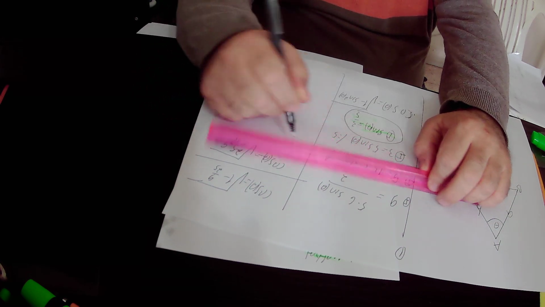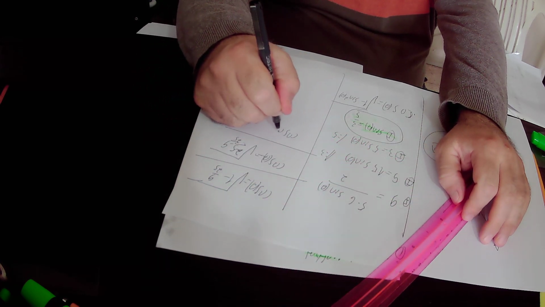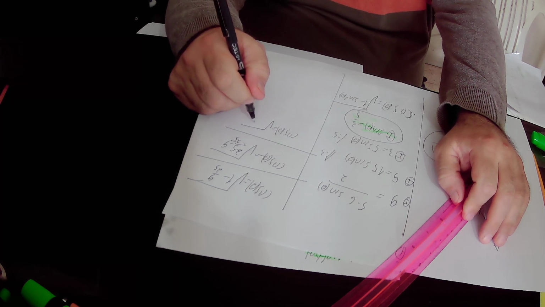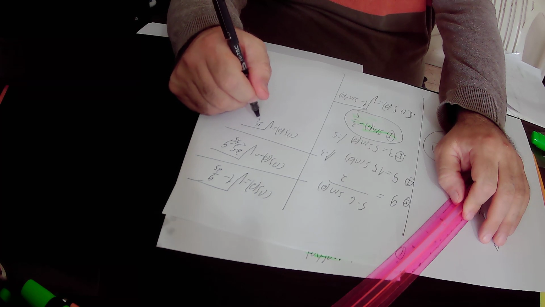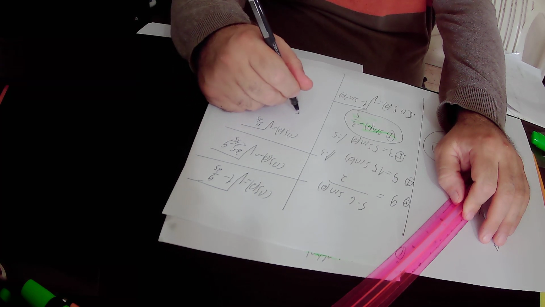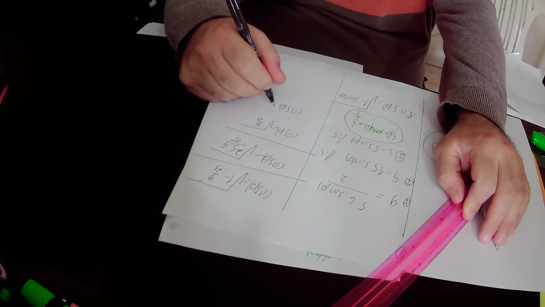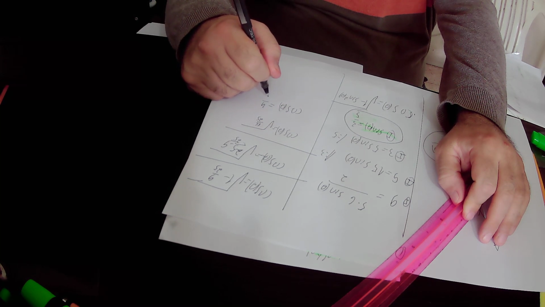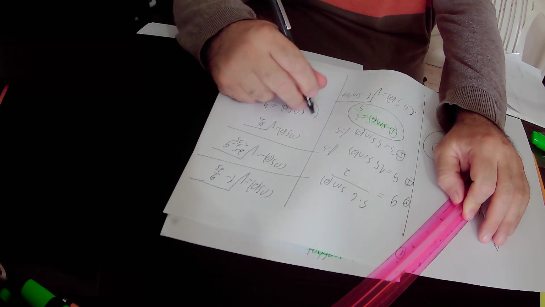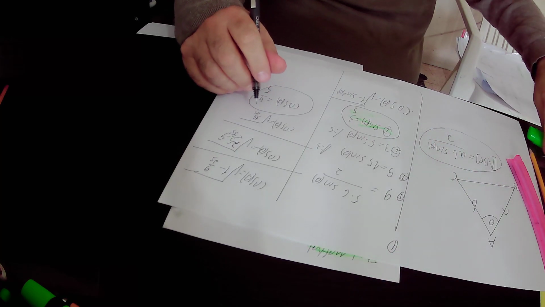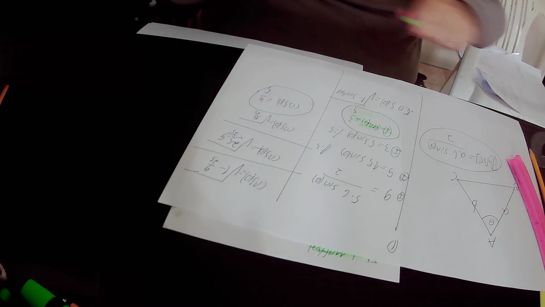That is to say, cosine theta equals the square root of 16 over 25. So we found out that cosine theta equals the square root of 16, that is 4, over the square root of 25, that is 5. So in conclusion, cosine theta equals 4/5.